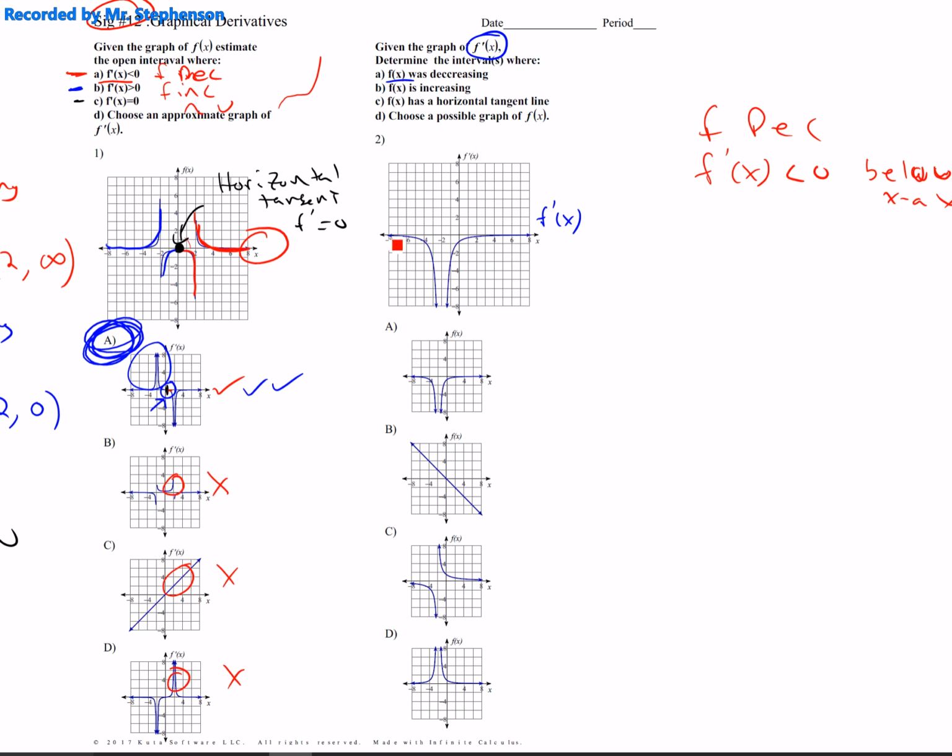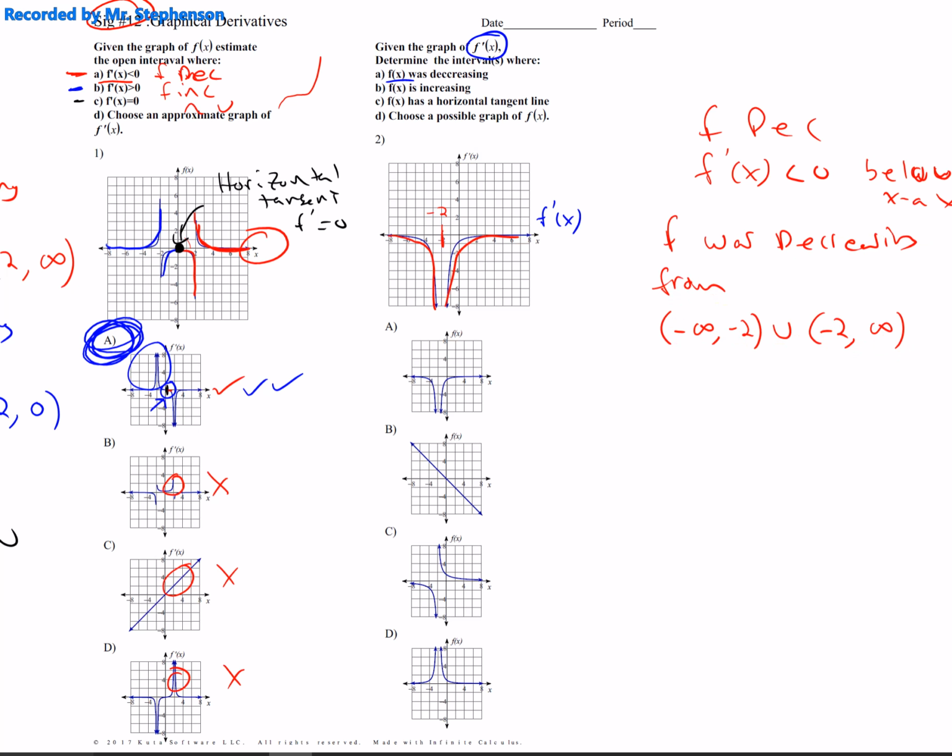It turns out it's below the x-axis here and here. The only point that's a little bit weird is at -2 because there's an asymptote there. So we're going to say f was decreasing from negative infinity to -2, not including -2, and then start again at -2 all the way to infinity.